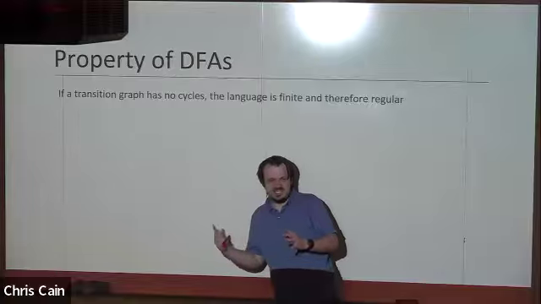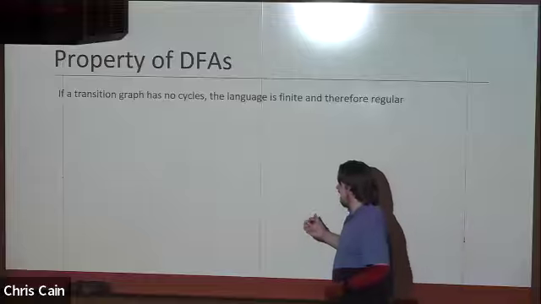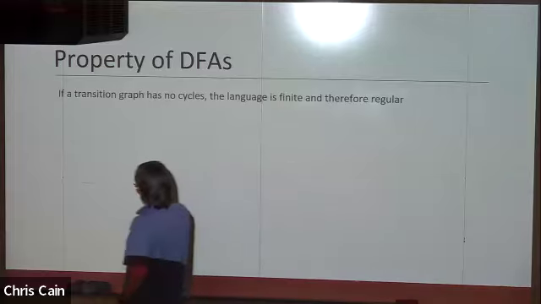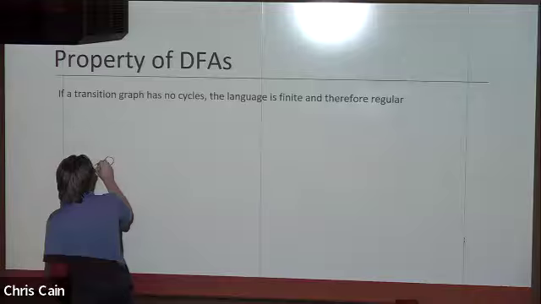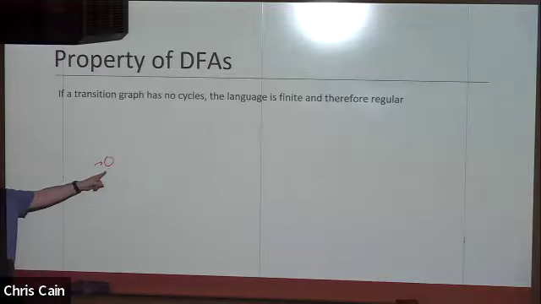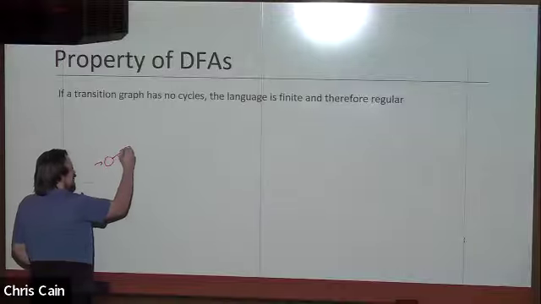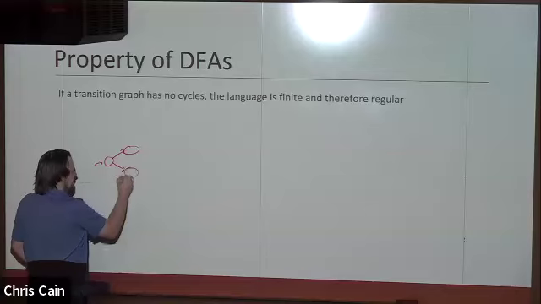Because we don't have any cycles, we can treeify this graph. I'm going to draw this from left to right, there's a little bit more room. We have some initial state, and then how many states does this branch into? We can't have a self-edge, otherwise it's a cycle, so we can only have outgoing edges. Let's say we have two of those. So this goes to this state, this goes to this state.